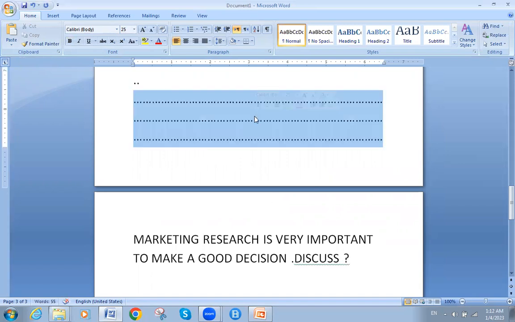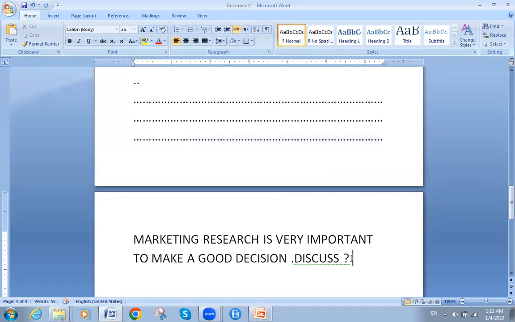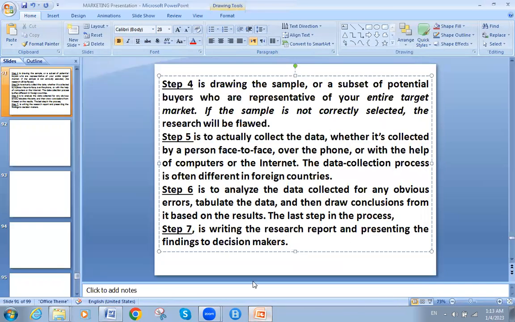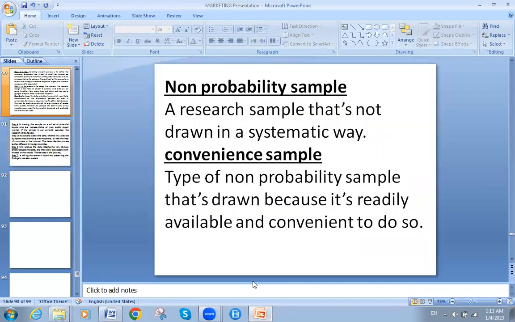Let's arrange your answer. You will say what you mean by marketing research. Who will conduct the marketing research? What are the steps of marketing research? How could we collect the data by primary data and secondary data? Then, what are the things which we have before the steps also?